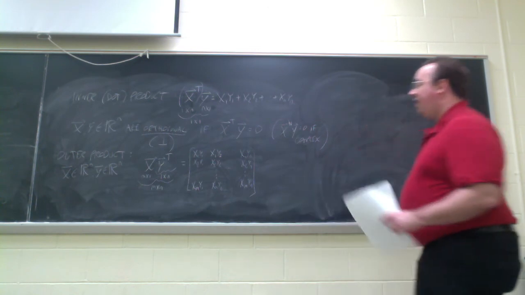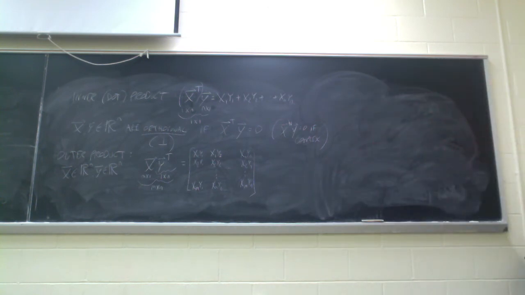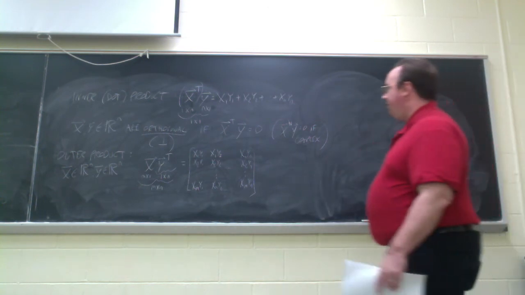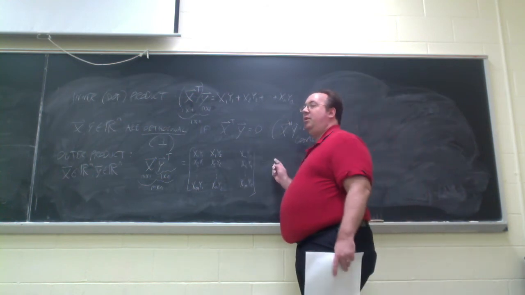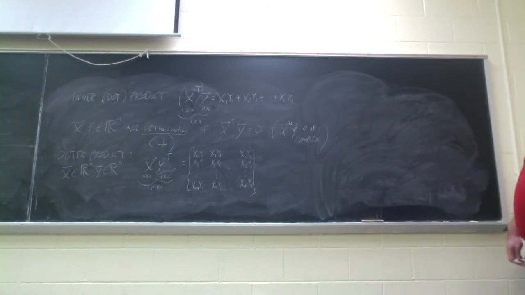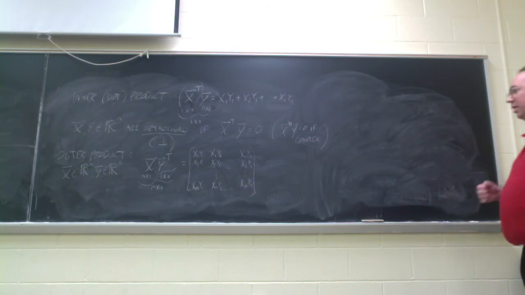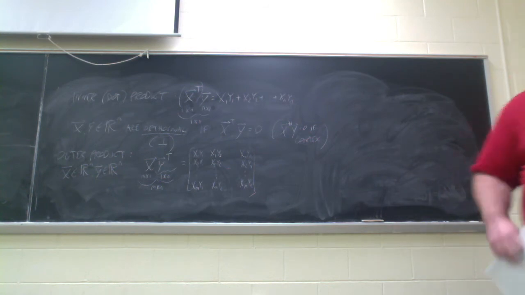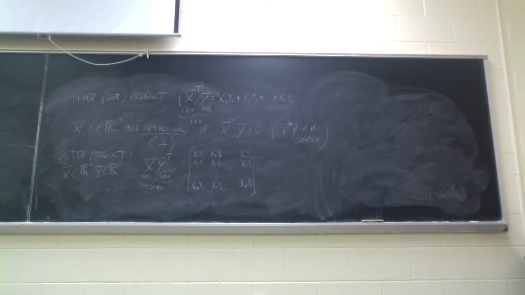So, in other words, every single column is a multiple of x. You can also say that every row is a multiple of y transpose. So all the columns are parallel, all the rows are parallel. So you could say there's actually only one linearly independent column. There's also only one linearly independent row. And this is going to become relevant for the very first homework problem that you'll have to do.